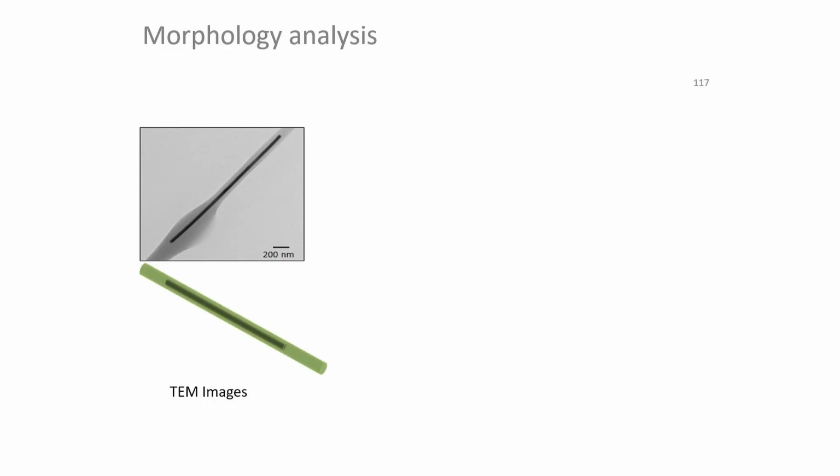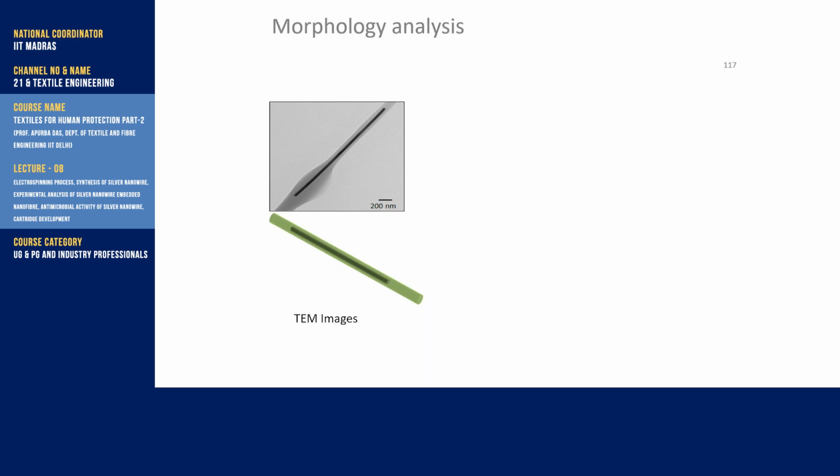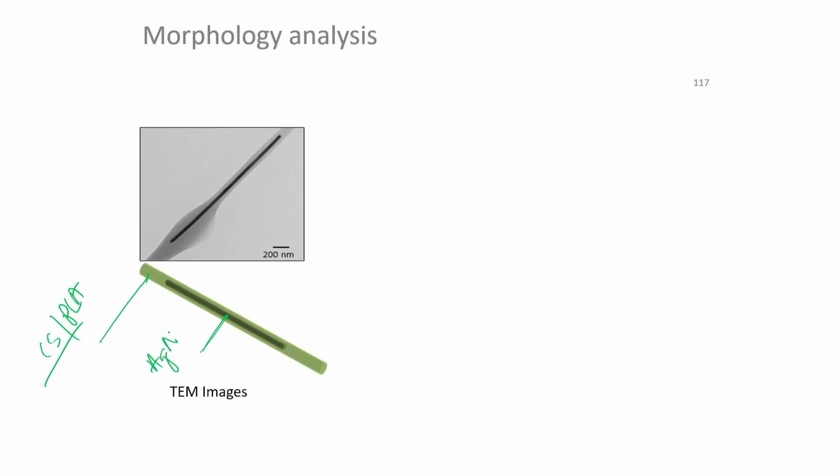Now we can see here, as per the image which we have got, this type of nanowire was embedded. This is the nanofiber, the green color is showing the chitosan PLA blend nanofiber, and inside that is the silver nanowire.